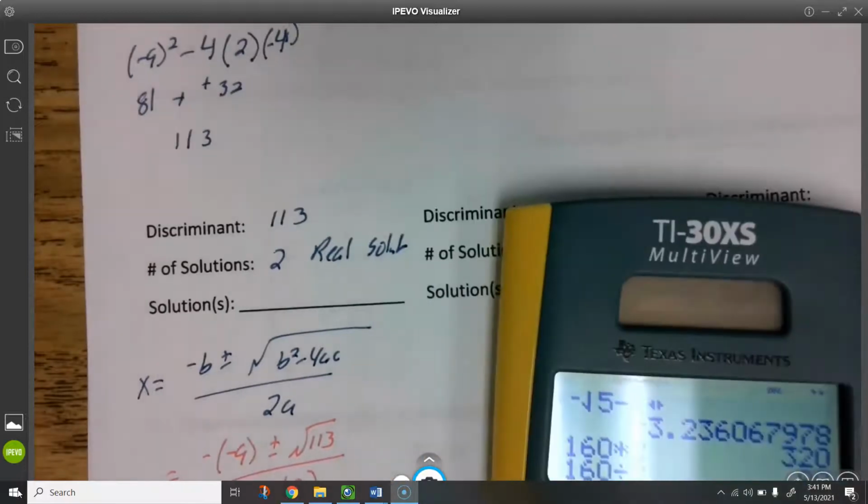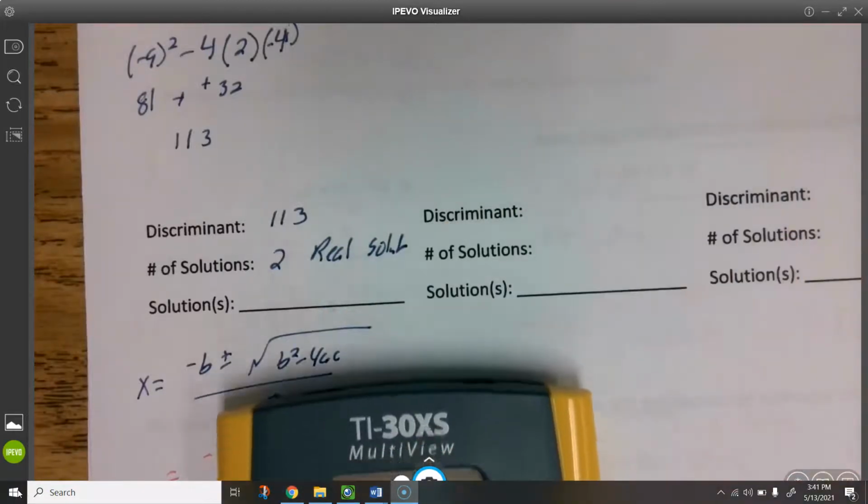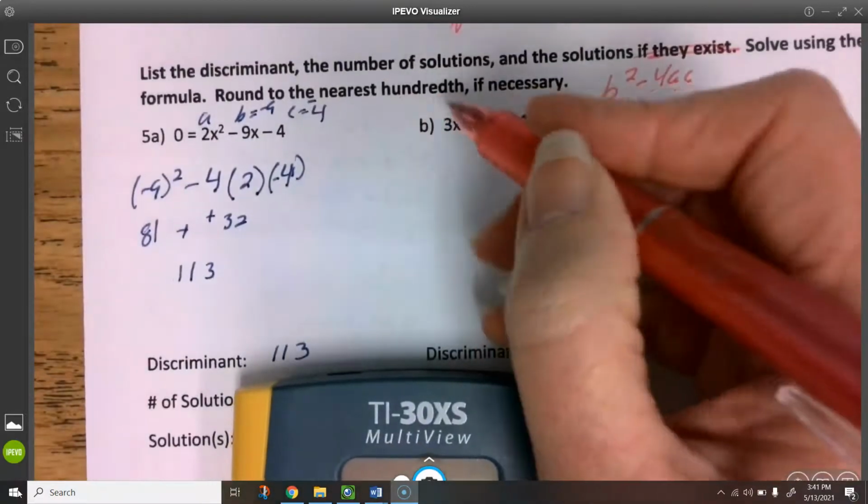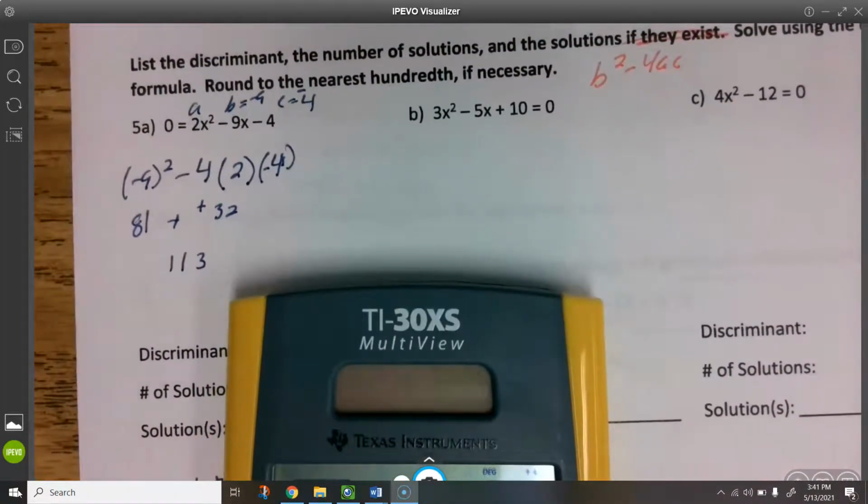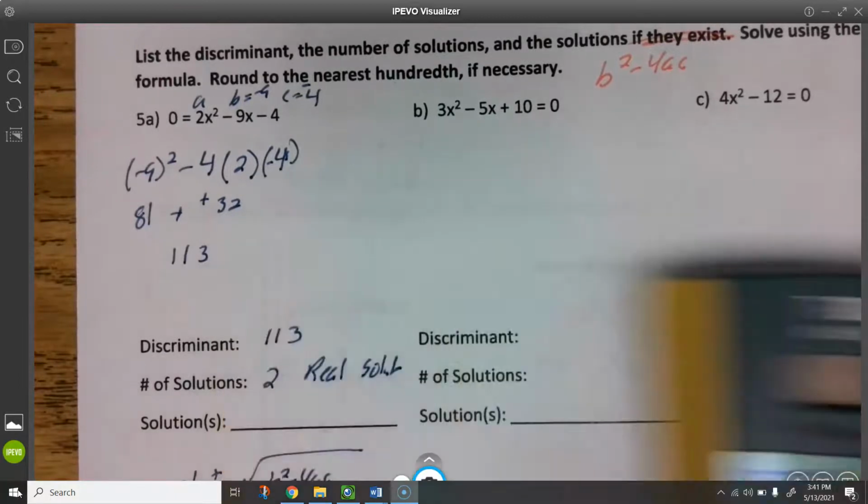Square root of 113, we're just going to go right to that, and round to the nearest hundredth, 2 decimal places. So we get 10.63.